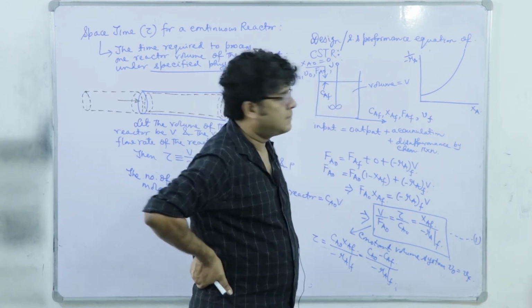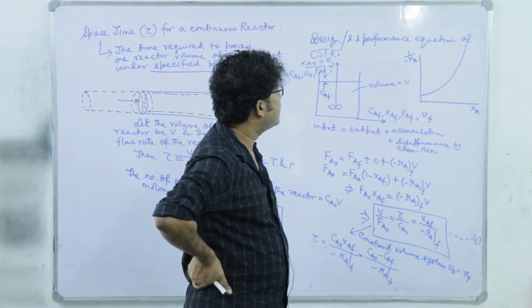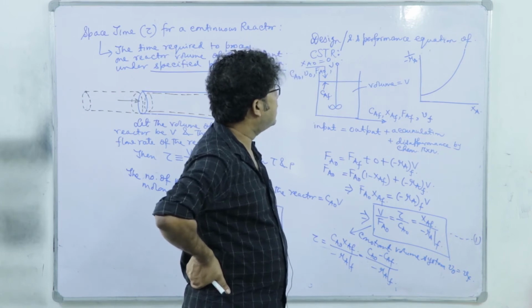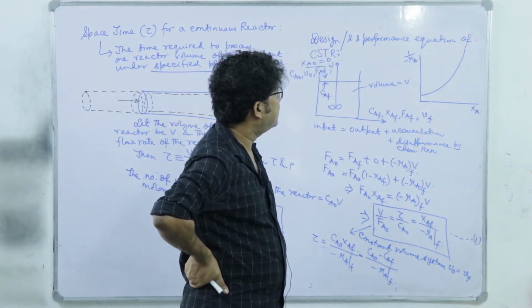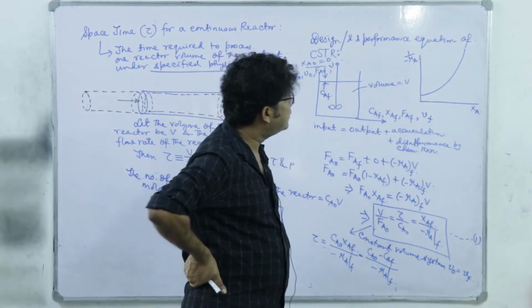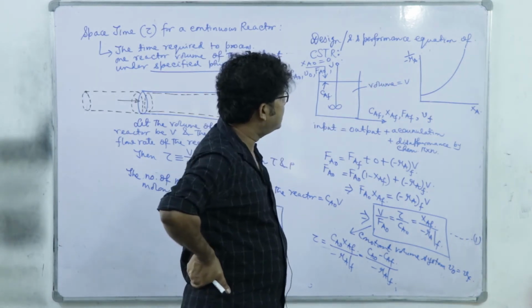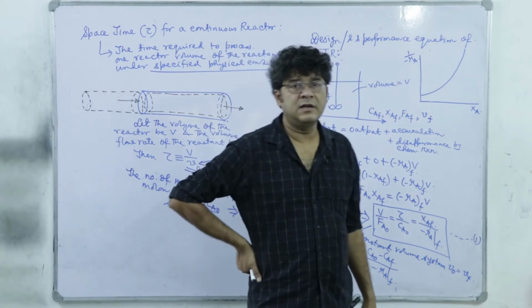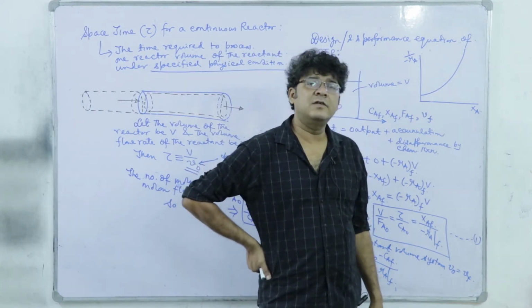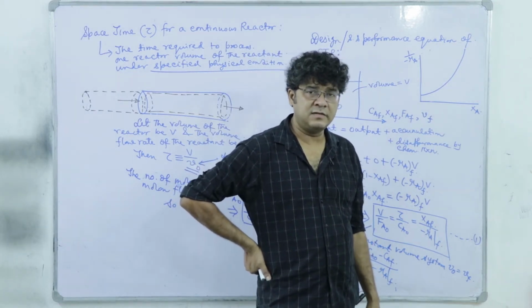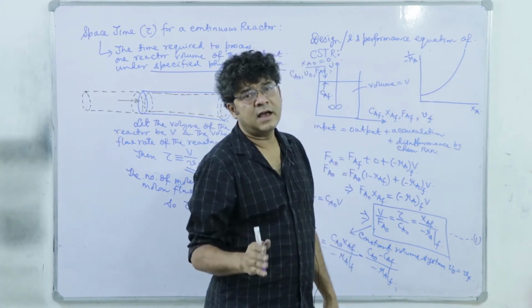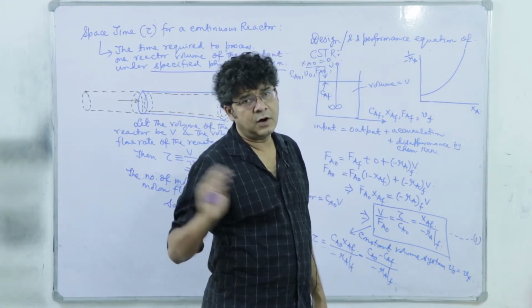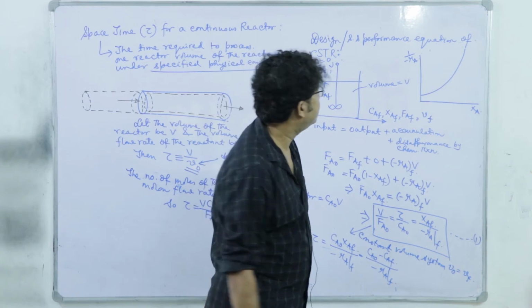From the beginning the Ca decreases from Ca naught to CAF, and Xa increases. So minus Ra must decrease with Xa, and essentially 1 by minus Ra must increase with Xa if the reaction is of positive order.